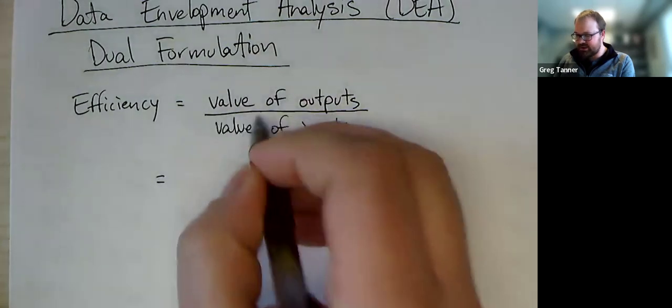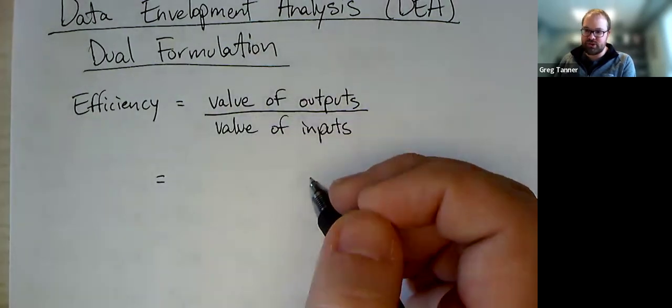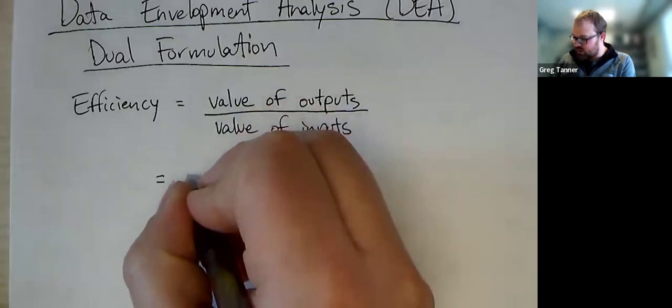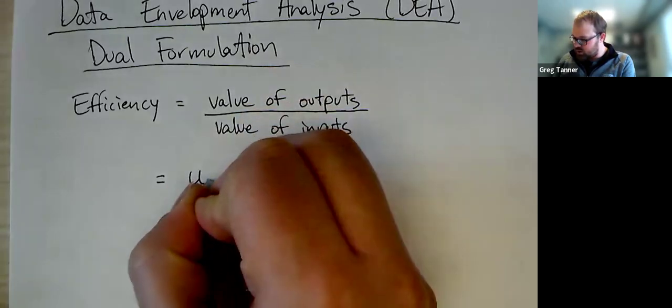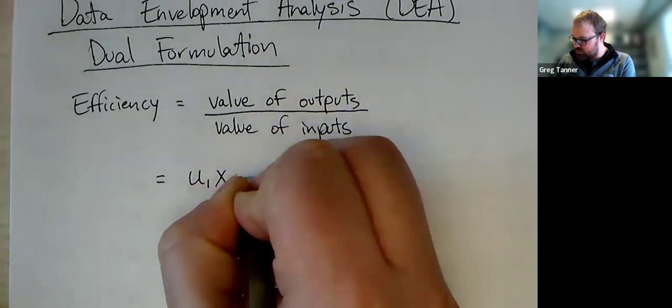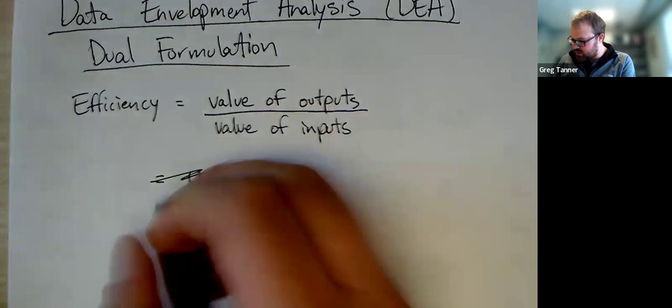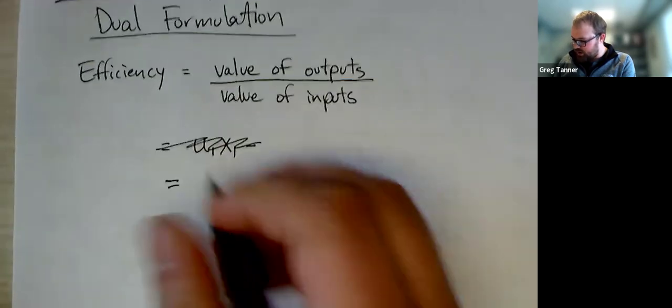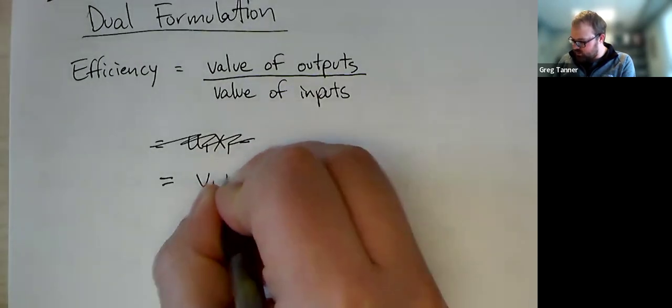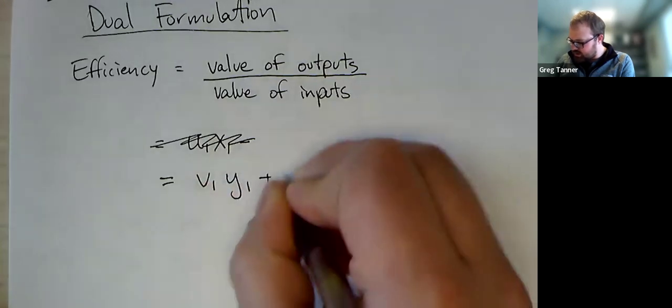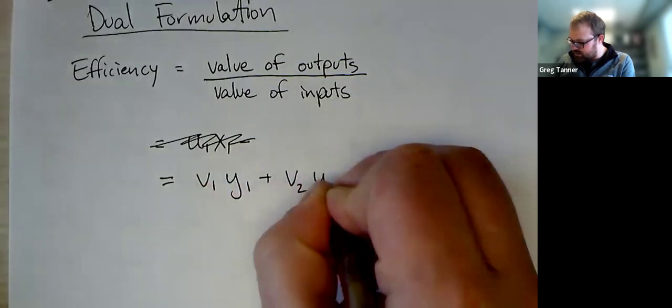Let's do it in the case of two inputs and two outputs. I'll call this U1, X1. Oops, no, outputs, let me scratch that off. My outputs are my Y's, so I'll do V1 Y1 plus V2 Y2.